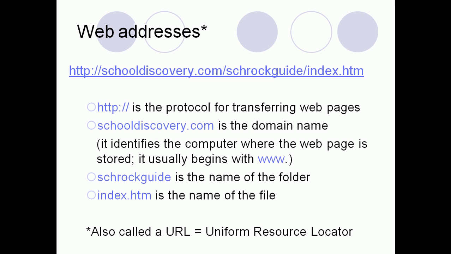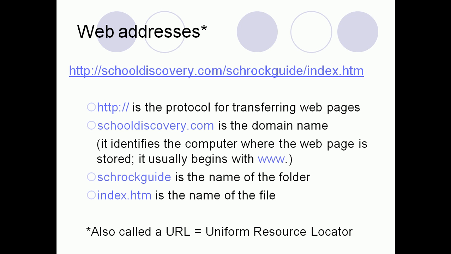Make sure you are able to identify the domain name of any web address. The domain name identifies the computer where the web page is stored. It usually begins with www dot.